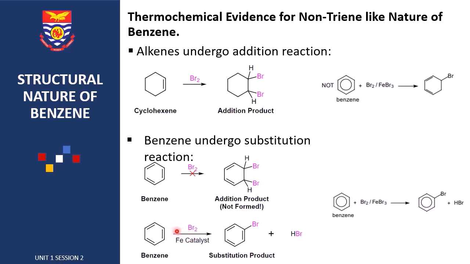So this bromine actually substitutes the hydrogen in the benzene ring, and the hydrogen that has been substituted reacts with another bromine to form hydrogen bromide. Two completely different products are formed in the chemical reactions involving these 2 compounds. So this further proves that the structure proposed by Kekule is not the same as the actual structure of benzene.